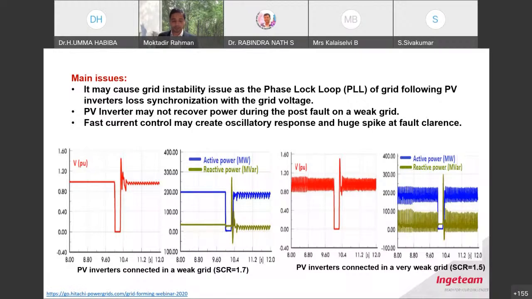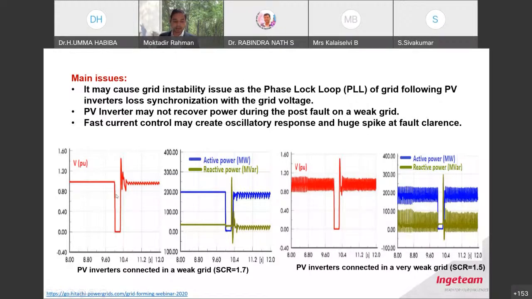In grid following technology, we use a PLL, the phase lock loop, which tracks the grid voltage angle, and according to this tracked angle, the converter injects the current. So, for example, when a PV inverter is connected at a weak connection point, let's say the SCR is 1.7. Remember, I said that if the SCR is below 3, the grid is very weak. So here we can say the SCR is 1.7.